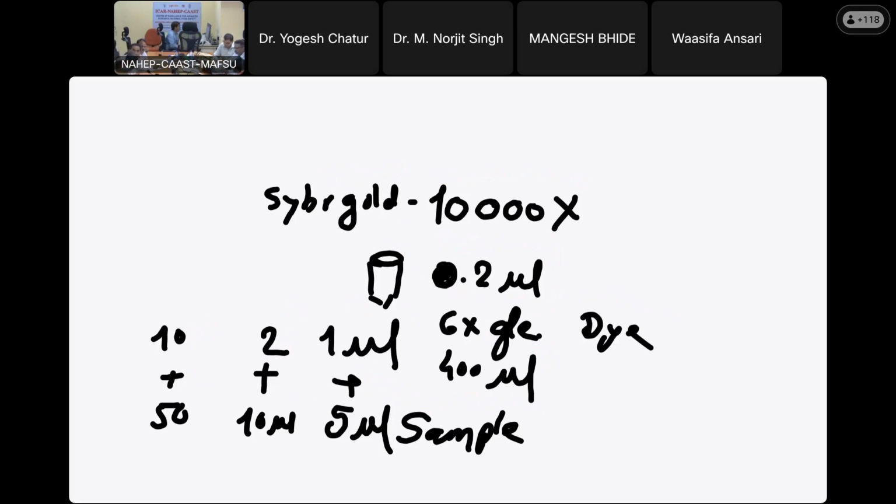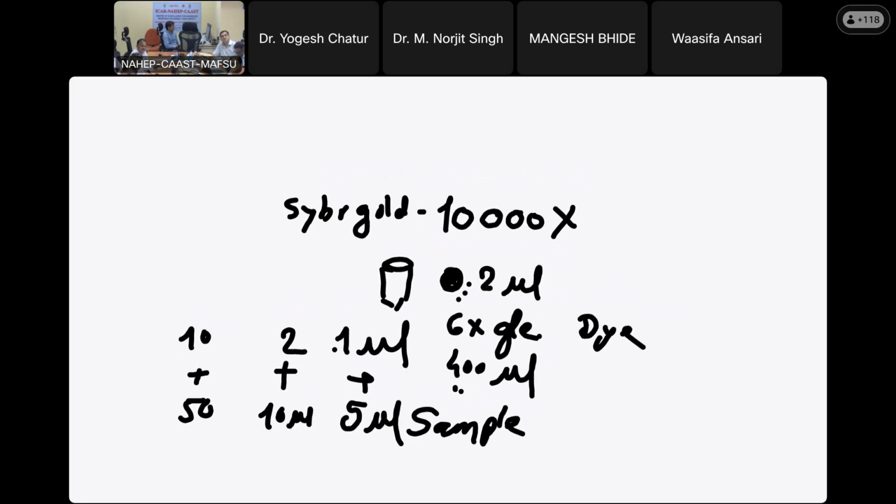It is not carcinogenic, and you put only 0.2 microliter in 400 microliters, and you use only 1 microliter of that. It comes as 500 microliters of SYBR Gold.